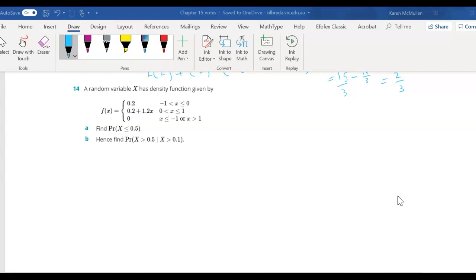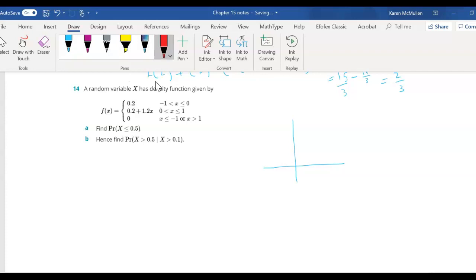A random variable x has density function given by, all right, find the probability that x is less than or equal to 0.5. So what we have here, if we think of the graph, I might just graph it over here. That to be a different color.